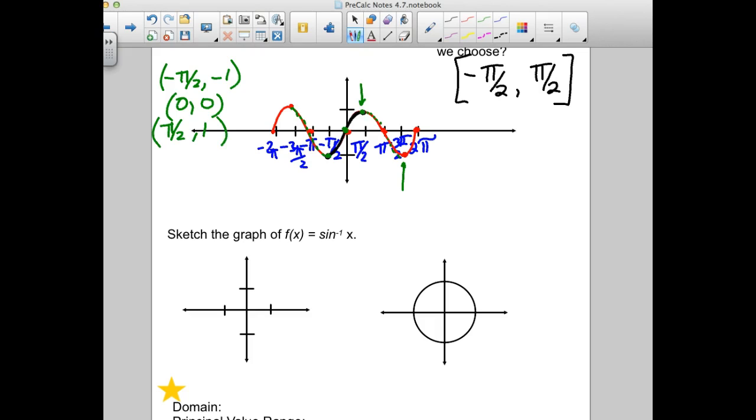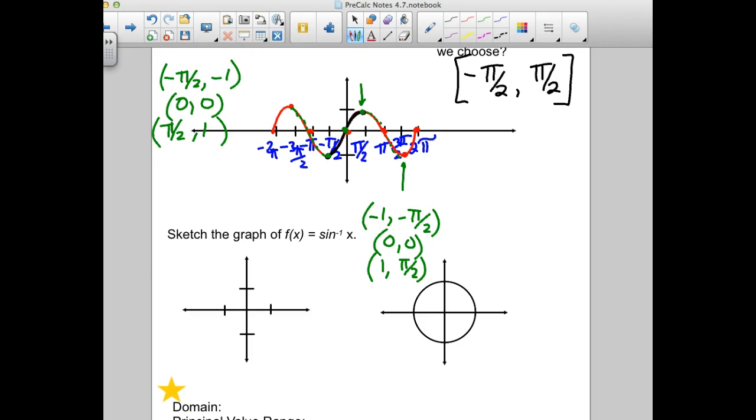And when you do an inverse function, your x and y's just reverse themselves. So all of these ordered pairs are just going to flip-flop our x and y's. So we're going to have points -1, negative pi over 2, 0, 0, and +1, positive pi over 2. All right, so let's go ahead and plot those.